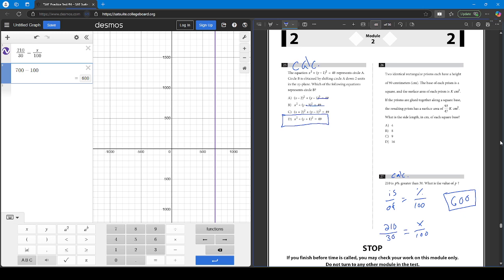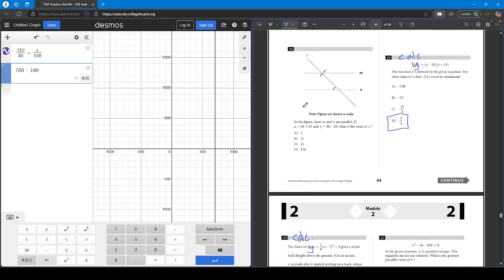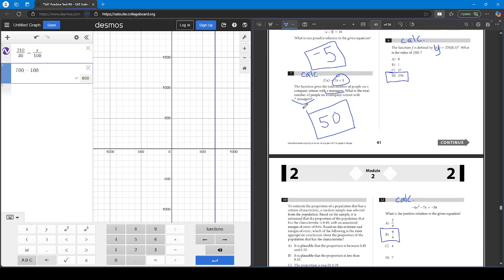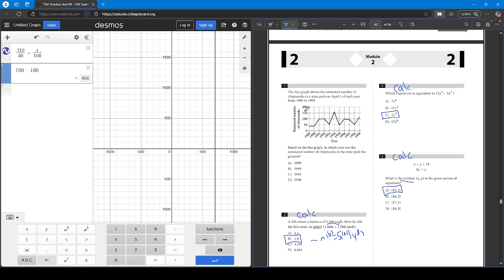Okay, so now we have gone through over half of these questions, which you're able to use the Desmos graphing calculator to answer. And I hope you're feeling confident on those questions. Now I want you to go back and look at the not calculator questions. Definitely like that first question, question number 1, it's going to be easy.